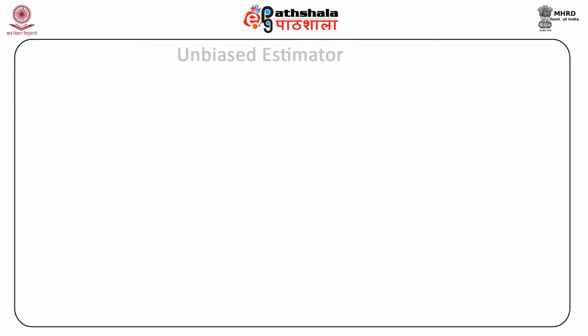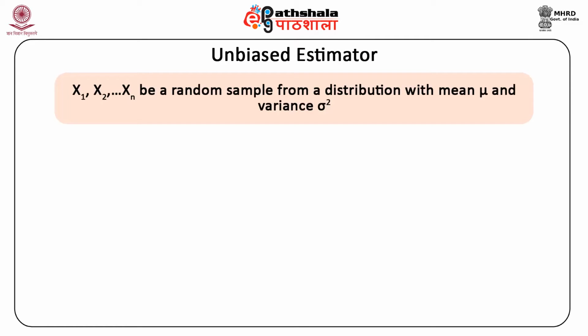Moving on to the next property, let us say x1, x2, x3 up to xn are random samples from a distribution with mean mu and variance sigma squared.